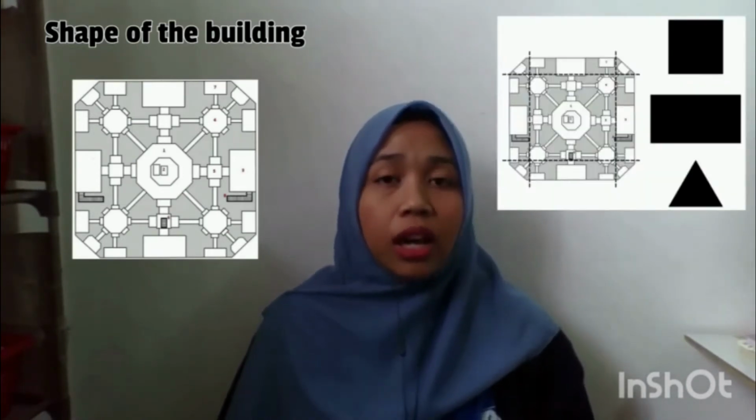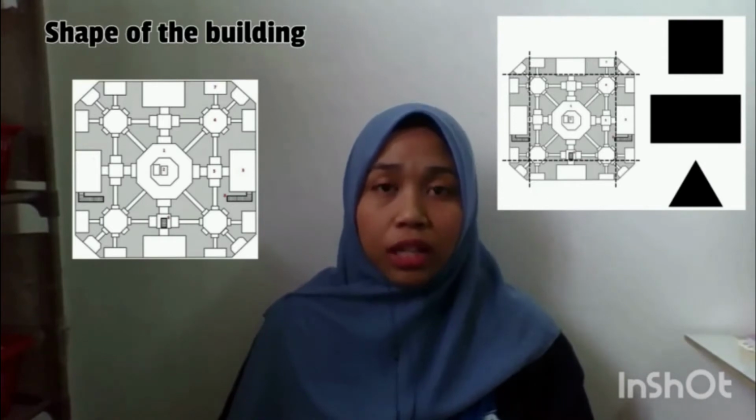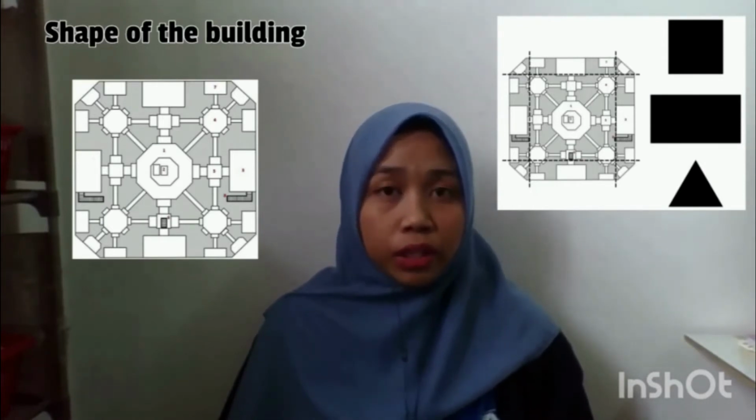Next, what you have to know is about the shape of the building. As I told you, we have building 1, building 2, building 3. Actually the base of the Taj Mahal building is an octagonal shape. So to find the volume and the surface area, I need to divide it into 3 shapes. That's why I call them building 1, building 2, and building 3.